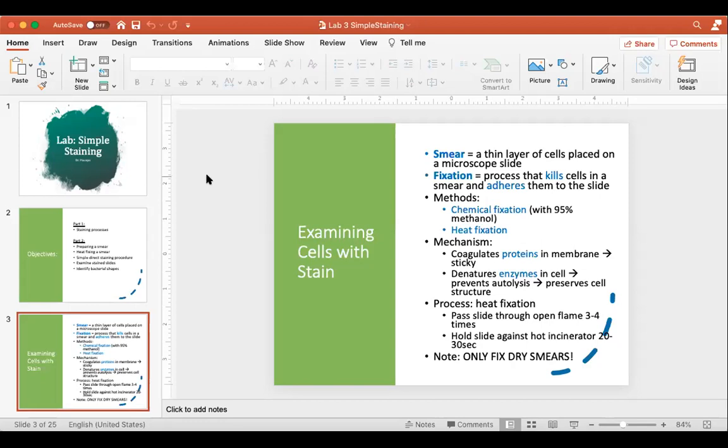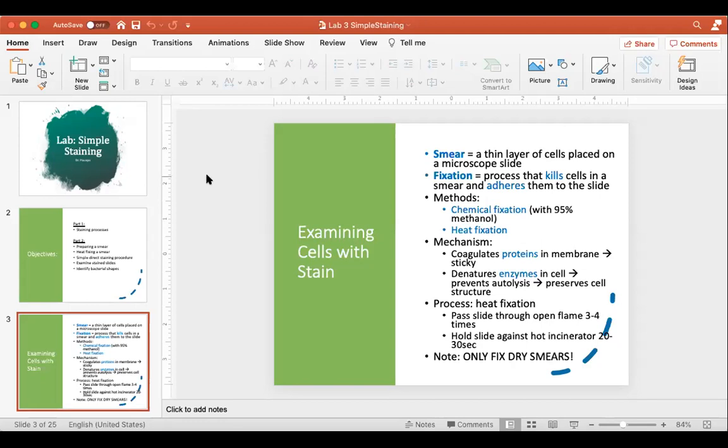Now, there's also a device that's used in microbiology laboratories called an incinerator, and I'll show you what this looks like. This device is useful because it means we don't have to have an open flame in the laboratory. So it's a little safer than using a Bunsen burner or something.